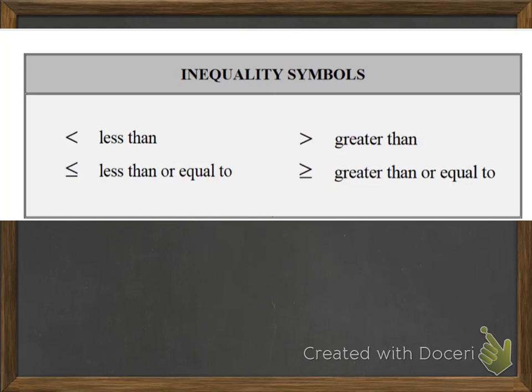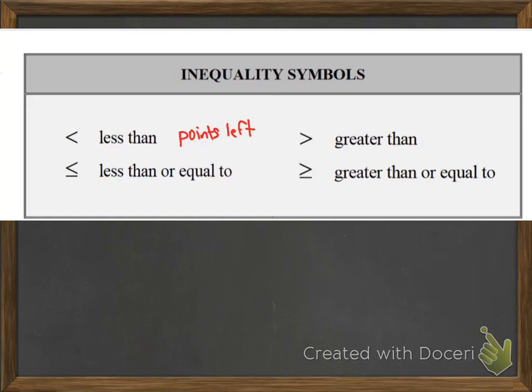If we look at less than, you can sort of imagine that this is almost looking like an L. So L stands for less than. Another way to remember it is that if you made this symbol into an arrow, it points to the left. So another way to remember it is that less points left.